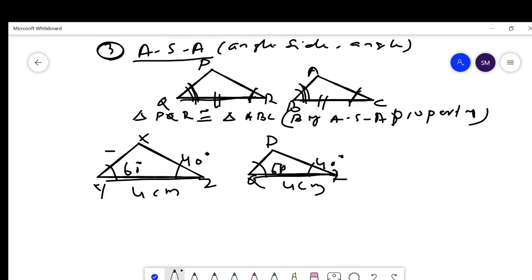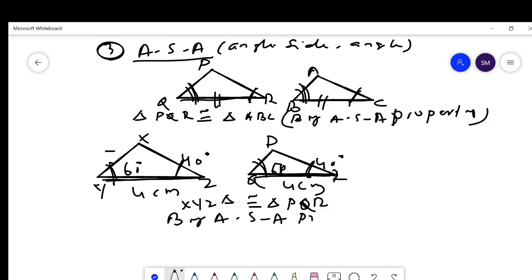Then we say that triangle XYZ is congruent with triangle PQR by the angle side angle property. These two triangles are said to be congruent to each other.